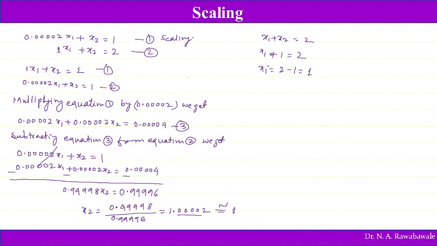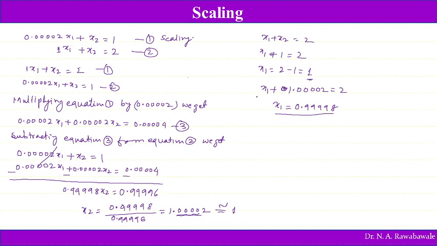Or even if we substitute x2 as 1.00002, x1 plus 1.00002 is equal to 2, even then x1 is equal to 2 minus 1.00002, we get 0.99998, which is very close to 1. So when we consider the answer up to 4 decimal places, x2 is 1 and x1 is going to be 1.